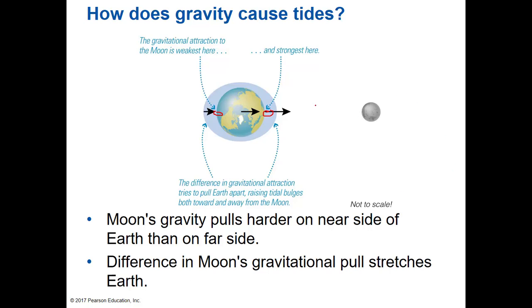So the force of attraction is greater here than here. The difference in the gravitational attraction causes the two tidal bulges, and these two tidal bulges are exactly on opposite sides of the Earth.